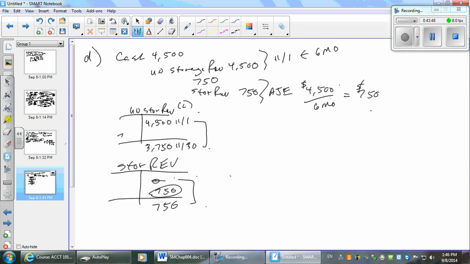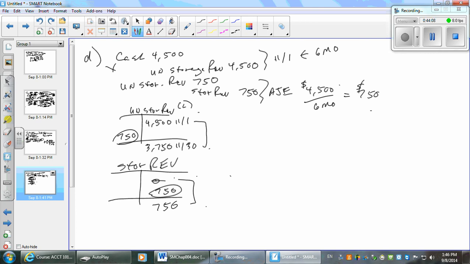Unearned storage revenue. And if you take 750 out of the 4,500, of course it's 3,750. And again, that was a deferral. They deferred it until they earned it later, right? Deferred recognition of the revenue until they earned it.